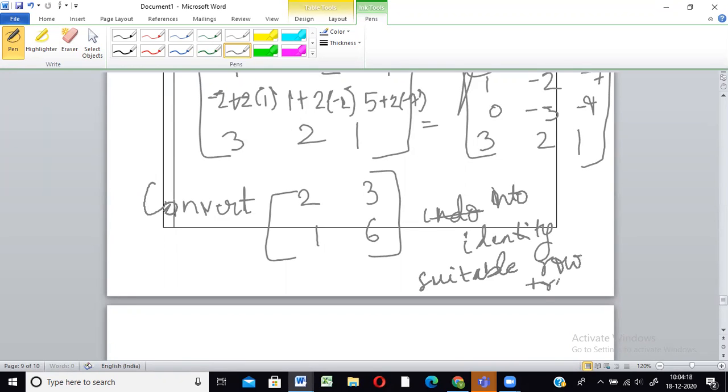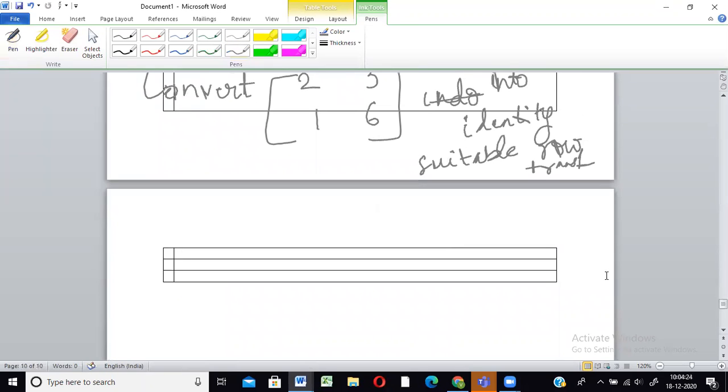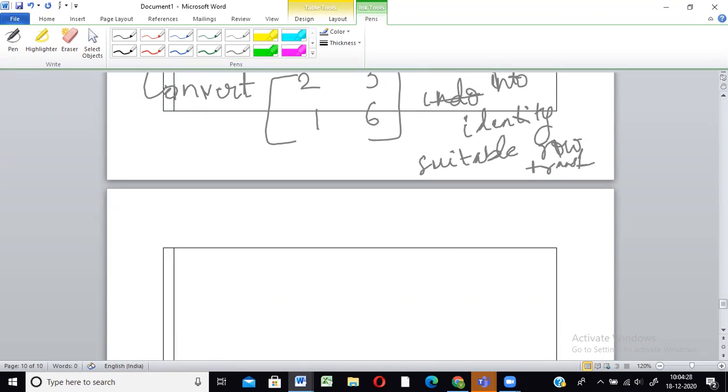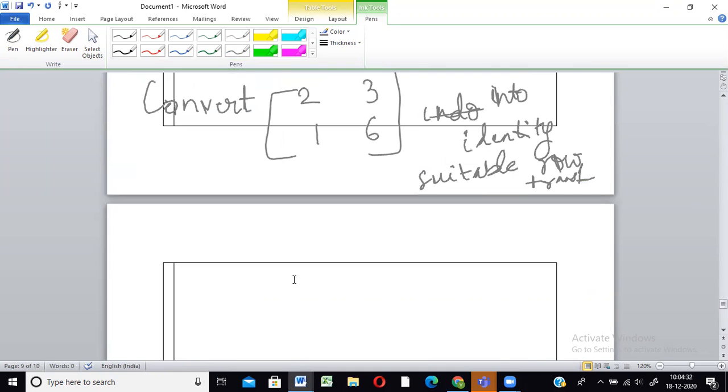So this 2 1 3 6 matrix has to be converted into an identity matrix. Its order is clearly 2, right? So the identity matrix should also be of order 2.